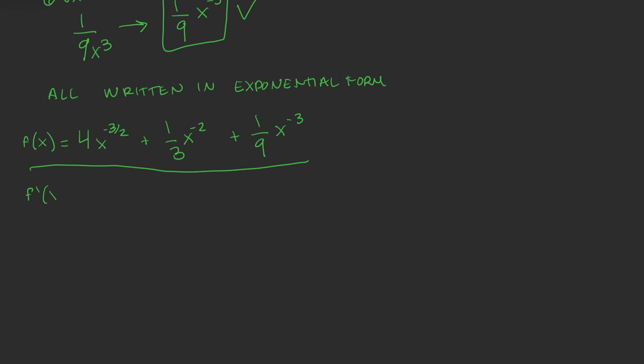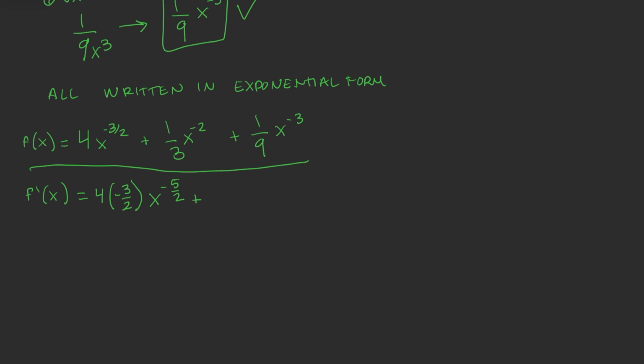F prime of x equals, I'm going to write it in a way where I'm not going to simplify it yet. So it's just going to be 4, and we're going to bring down the negative 3/2, x, take minus 1 from the 3/2, which would give us negative 5/2. So that's what we get from our first term.